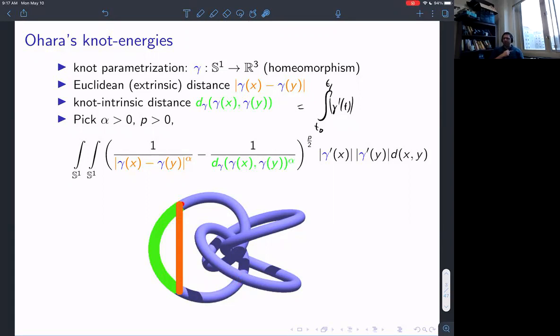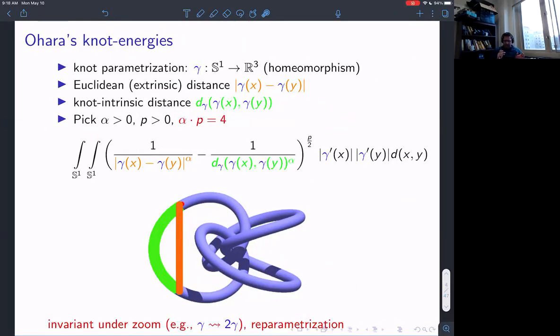Okay. All right, and now you can start to minimize, and the first thing you can do when you start to minimize is rescale things, right? Why not just rescale this whole thing and see what happens? And when you rescale, you actually see, unless alpha times p equals 4, just making the knot exactly the same shape, but taking 4 times the knot, that would be larger, or 1/4 of the knot, changes the energy, right?